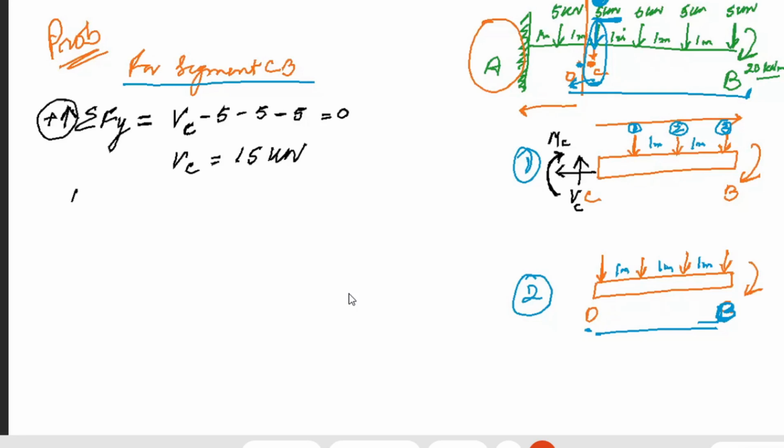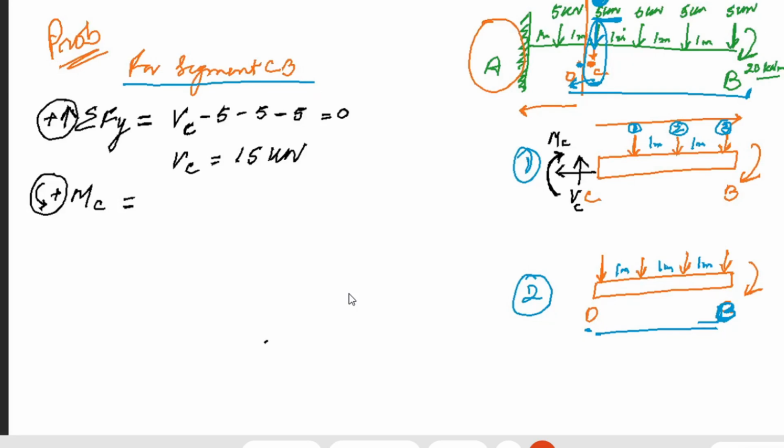And then we can calculate the moment at C. Let's say positive is anti-clockwise here. This is an assumption, not a sign convention you have to follow; you can draw it yourself. Let's say at point C, now the moment at C, I have drawn it to be in an anti-clockwise direction. Sorry, clockwise direction.